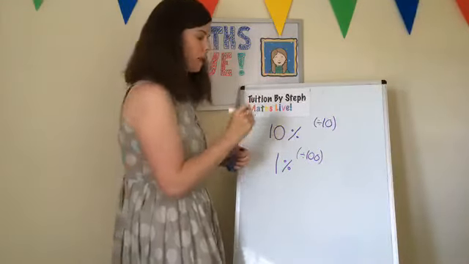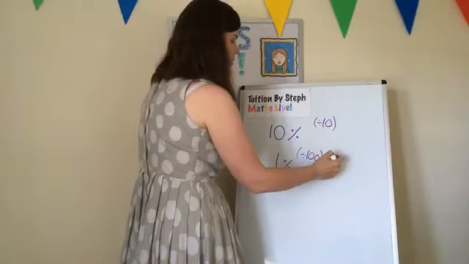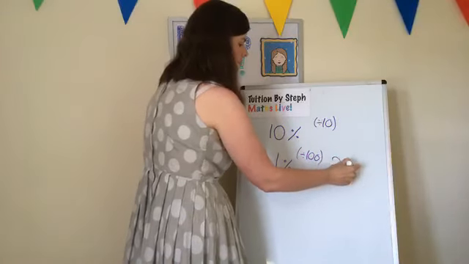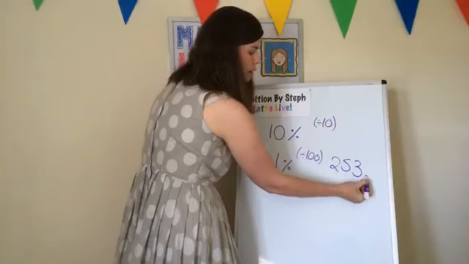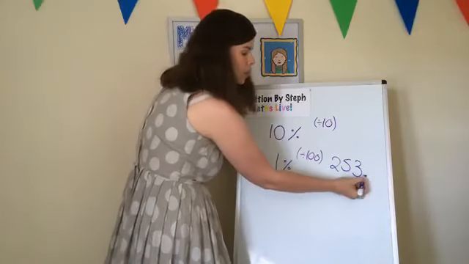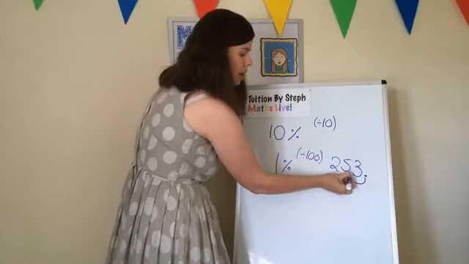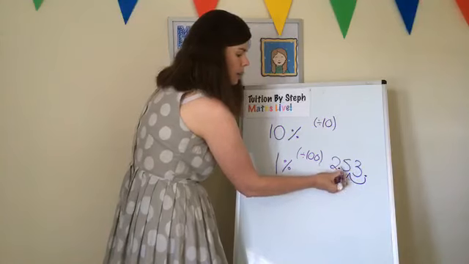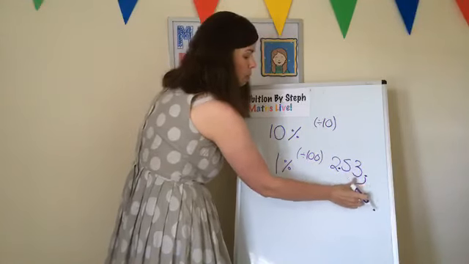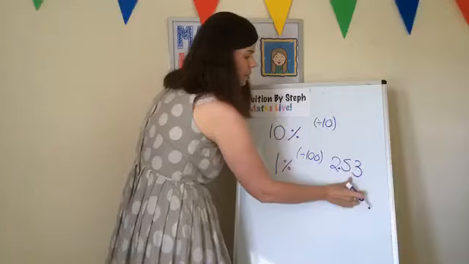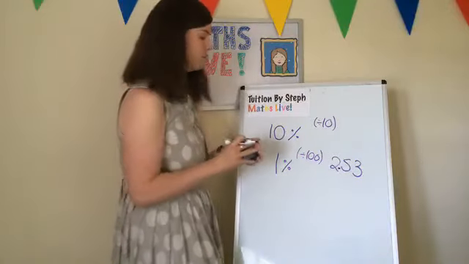For 1%, you divide by 100. So let's try a number, let's do 253 again. There was my hidden decimal point. Now I don't just jump it once to the left, I jump it twice. So 1% of 253 is 2.53.